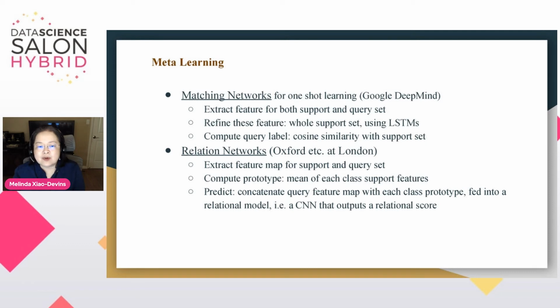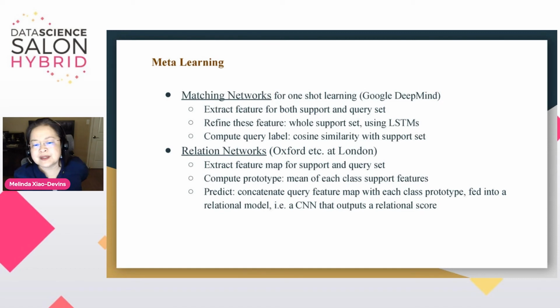And the other network is the relation network, published by several universities in Britain. The relation network works by extracting feature maps for the support and query set, and computing the prototype.